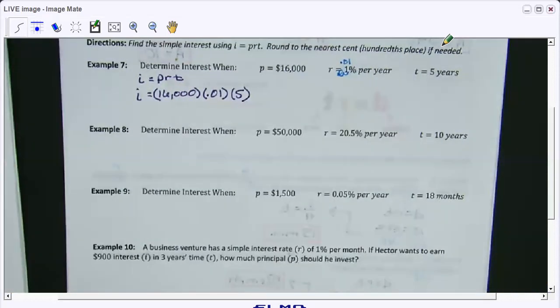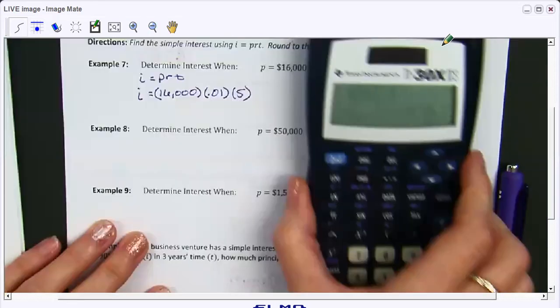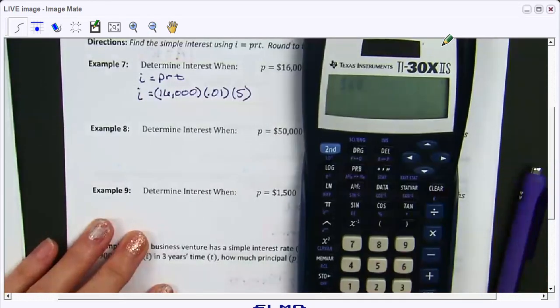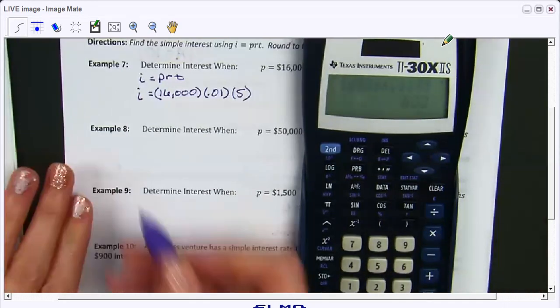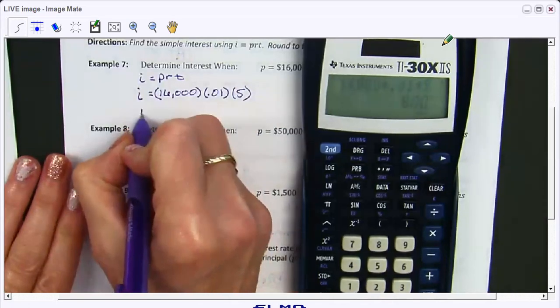And what's easy about this is you don't have to do all the multiplication, plug that into your calculator, and you will get how much interest you accrued after 5 years. So let's plug that in. 16,000 times 0.01 times 5, and you earned $800.